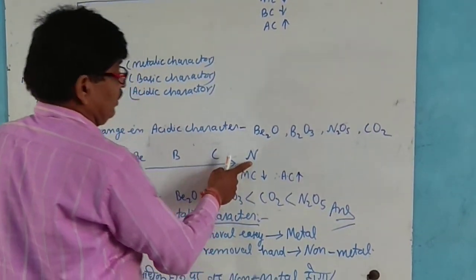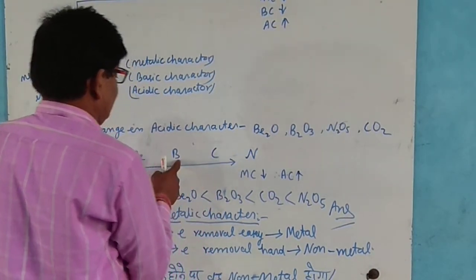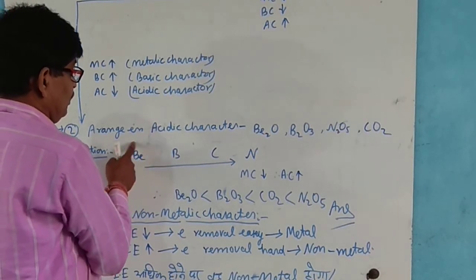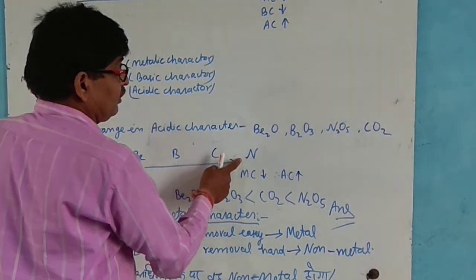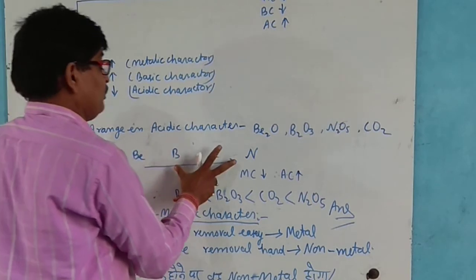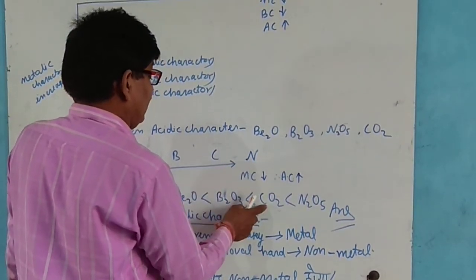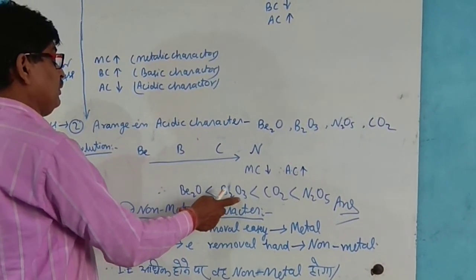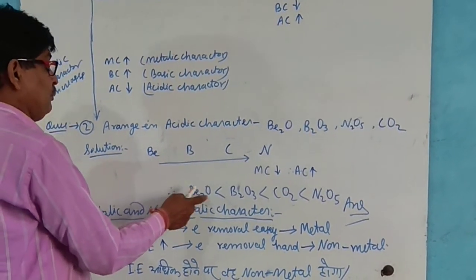So the acidic character of nitrogen oxide is greater than carbon, which is greater than boron, which is greater than beryllium oxide. It means the acidic character of nitrogen is the greatest among these. After that carbon dioxide, after that B2O3, and at last Be2O, beryllium oxide.